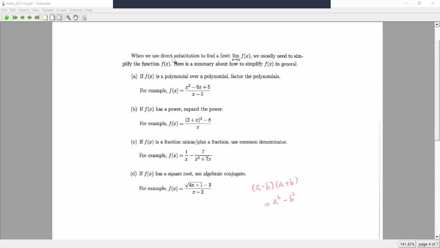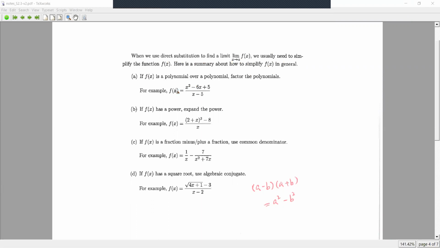When we use direct substitution to find a limit, we usually need to simplify the function f. Here is a summary about how to simplify the function f in general. There are 4 cases. Case 1, when a function is a polynomial over a polynomial. This is one example.